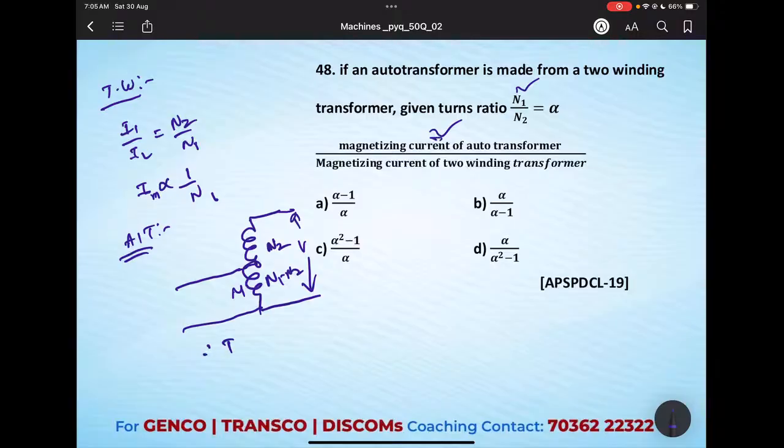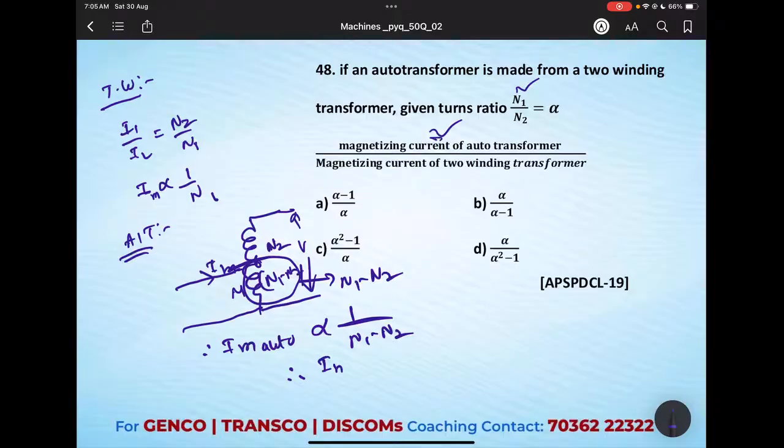So the magnetizing component for the auto transformer is whatever magnetizing current it draws to magnetize this portion of winding only. This portion is N1 minus N2, so it is inversely proportional to N1 minus N2. Therefore, what is the ratio they are asking? Magnetizing current of auto transformer to magnetizing current of two winding transformer.